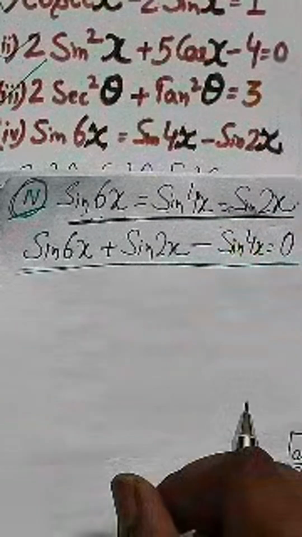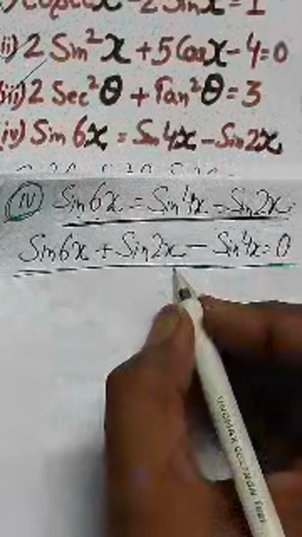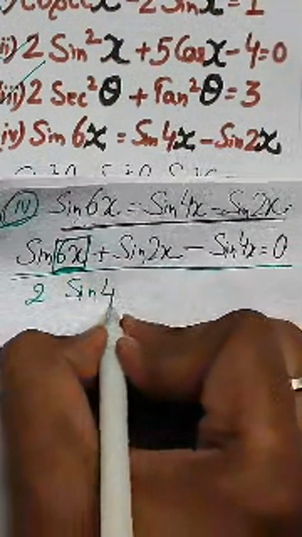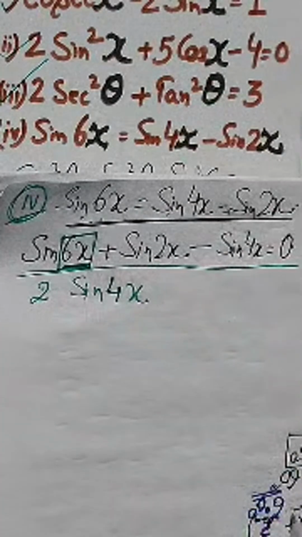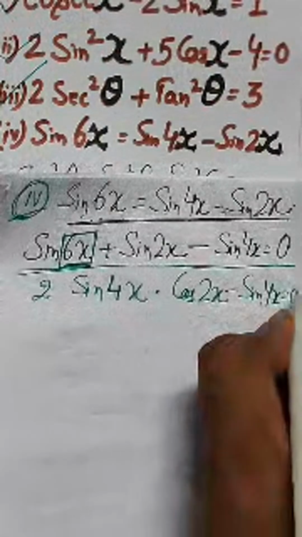Yes. Here you can do one thing, this 6x can be further splitted, right? How? Can we write it that, let me write 2 sine 4x and cos 2x, right, minus sine 4x equal to 0.